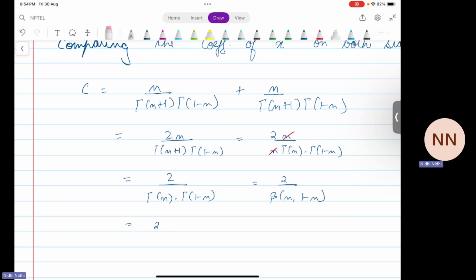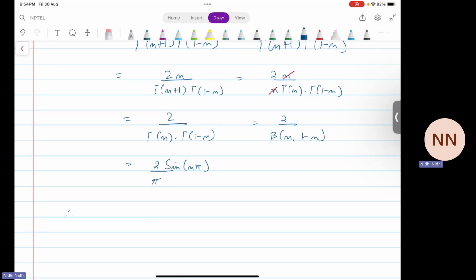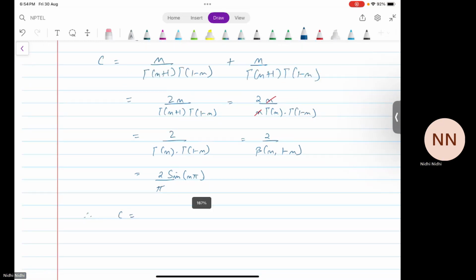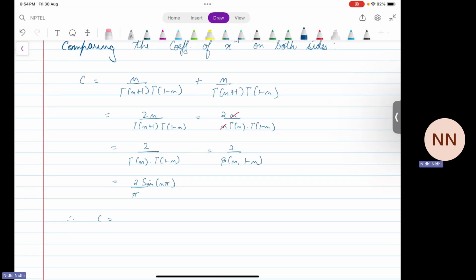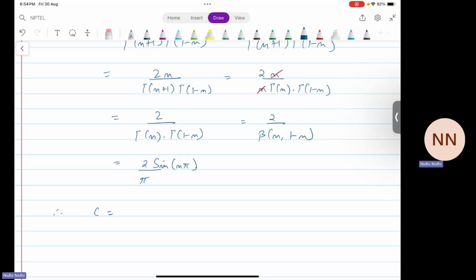So in this case we'll have pi by sine n pi. Therefore our C is equal to 2 sine n pi by pi.